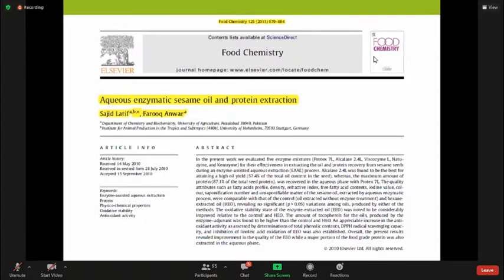The nutritional and nutraceutical value of the oil was quite improved in terms of high recovery of the phenolic components and tocopherols. Similarly, the oxidative stability of the aqueous enzyme extracted oil was quite improved relative to the conventionally extracted oils.